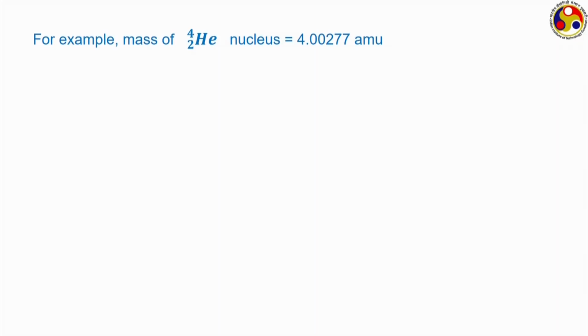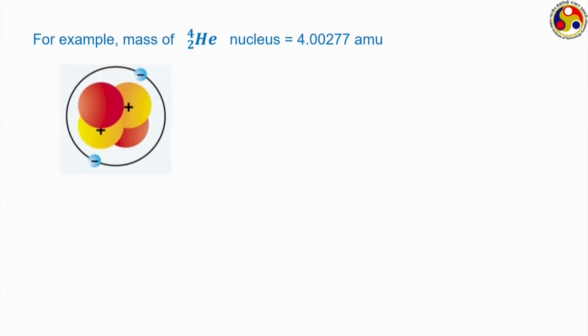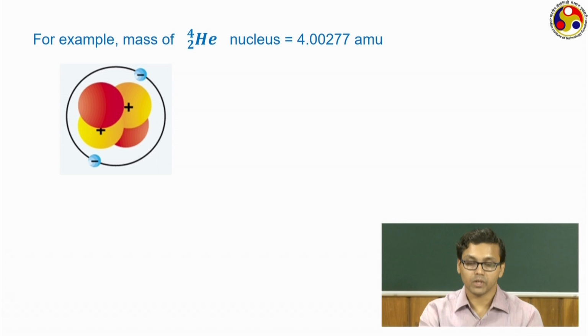Let us take a couple of examples. First, we have the example of the common helium isotope, 2He4. From the symbols we can say that it has an atomic number of 2 and a mass number of 4. That means this nucleus has 2 protons and 2 neutrons.